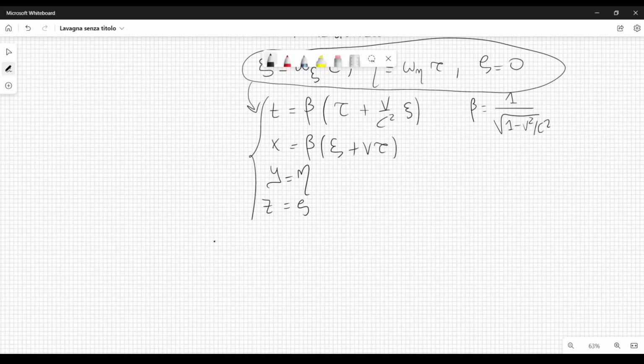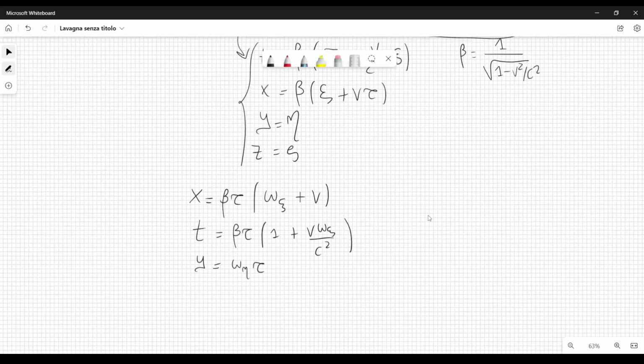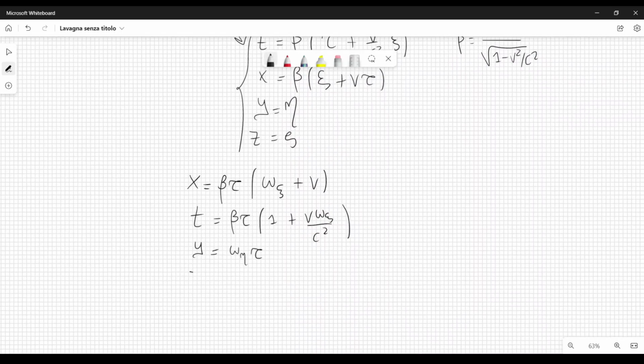So if we substitute, we get x equal to beta tau times omega xi plus v, t equal to beta tau times 1 plus v omega xi over c squared. Then we have y equal to omega eta tau, and then we have z equal to 0.